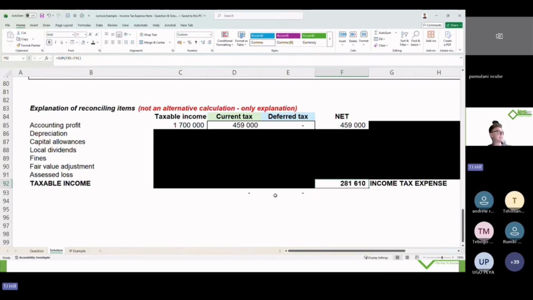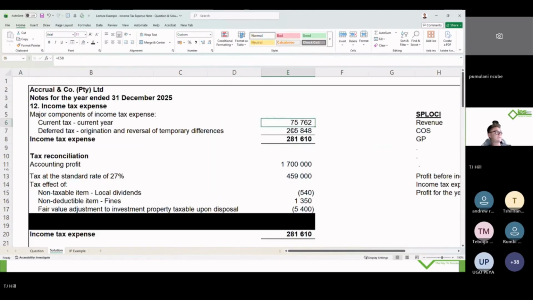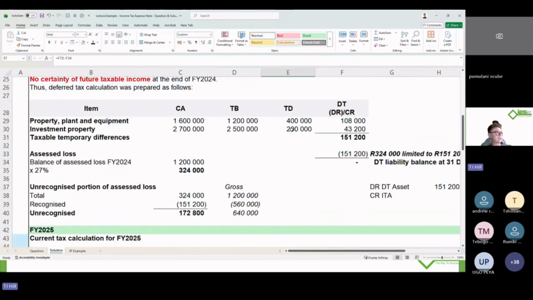It's because there is a mismatch between accounting profit and income tax expense, and the sum of income tax expense is always your current and your deferred tax. Now, these two numbers I am borrowing from up here. We've done those calculations.